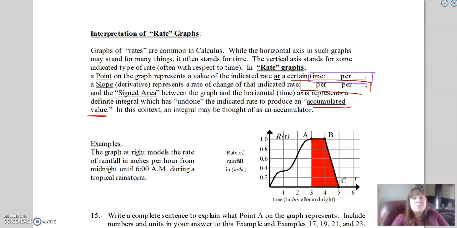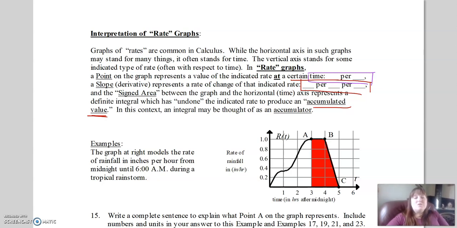And this is where calculus is useful because people use this for things like weather, but also for business when they're looking at accumulation and rates of change of markets and things like that. So if you think about it, the integral basically is an accumulation function. It's showing us how much has accumulated over time.